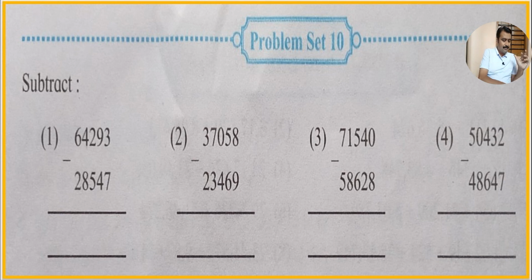These actual examples are given in problem set number 11 on page number 13. So that problem set we are going to start in the 6th video. So you have to observe, watch, and listen carefully to the whole information about this subtraction process here.